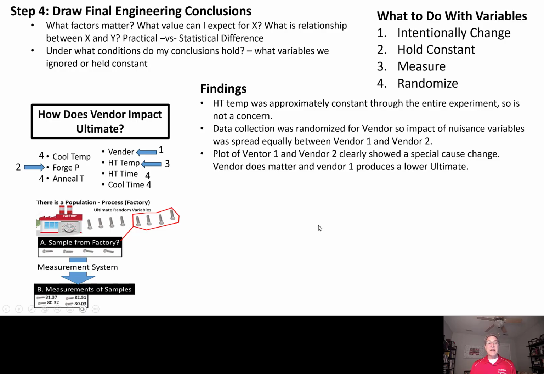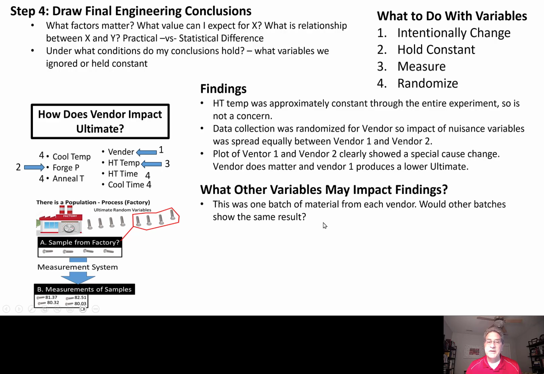And then when we plotted vendor 1 and vendor 2, it clearly showed a special cause change. It wasn't random. The vendor does matter, and vendor 1 produced a lower ultimate. Great. Now I'm going to ask myself, what other variables may impact my findings?